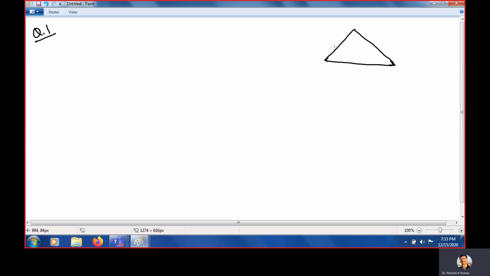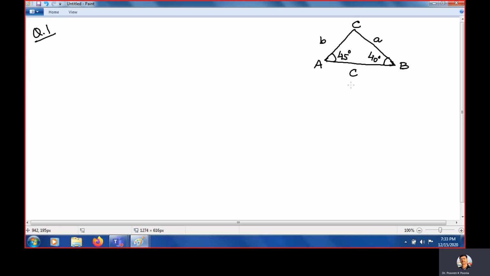Let this angle be 45 degree, and this angle say 40 degree. Clear? Let this be angle A, this angle B, and this angle C. So the sides will be A, B, and C.